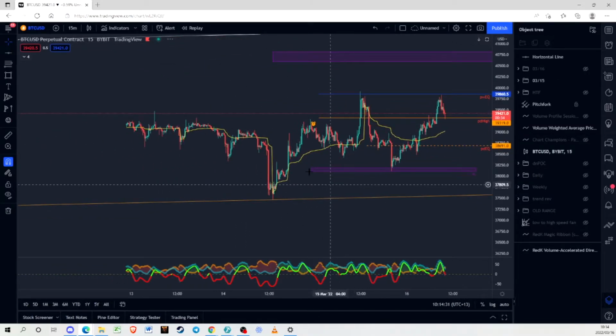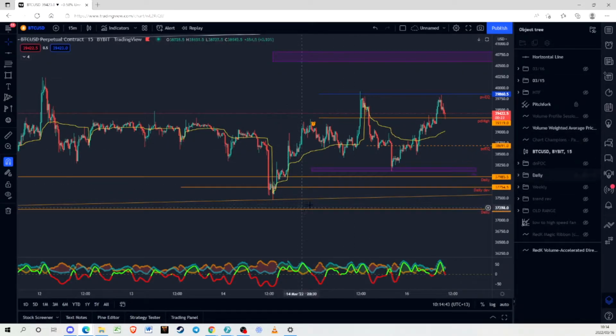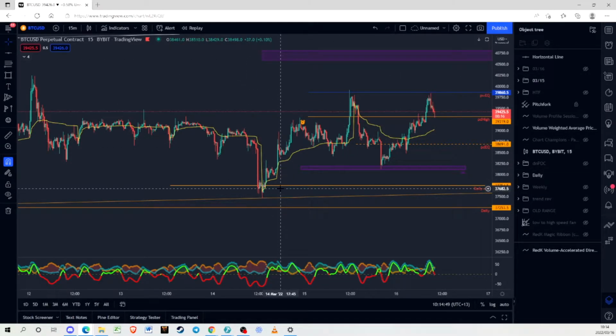Okay, and this retracement here was quite interesting because first of all I had this area marked as well before this daily, which is yesterday's daily, the developing daily. So this was also not here.